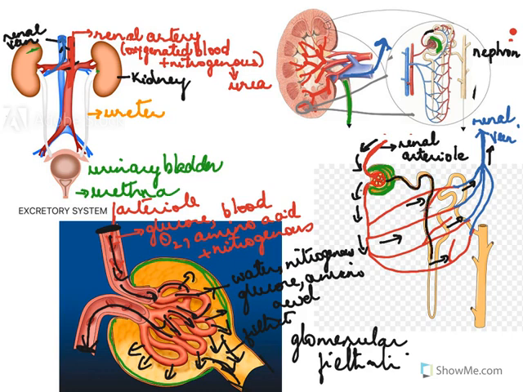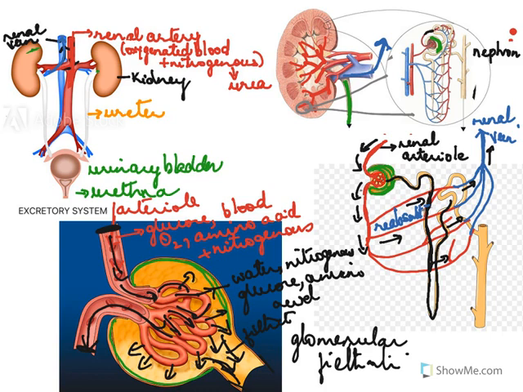The filtrate is going down, and here the arteriole has left, and as this filtrate is now moving down the tubule, many of the substances that are useful to the body are reabsorbed. So in this region, reabsorption takes place. That is why the arteriole surrounds the tubule.